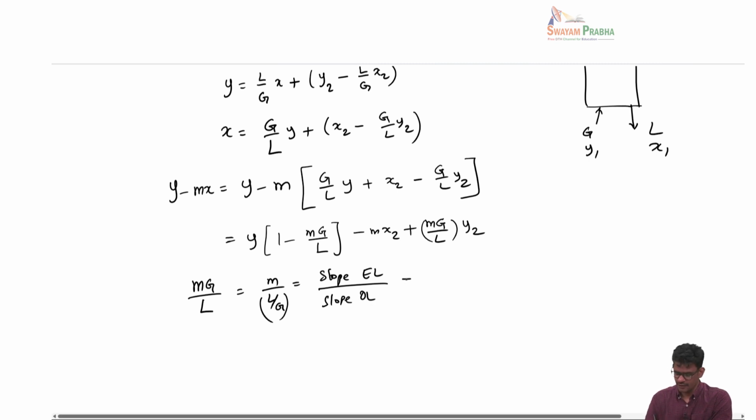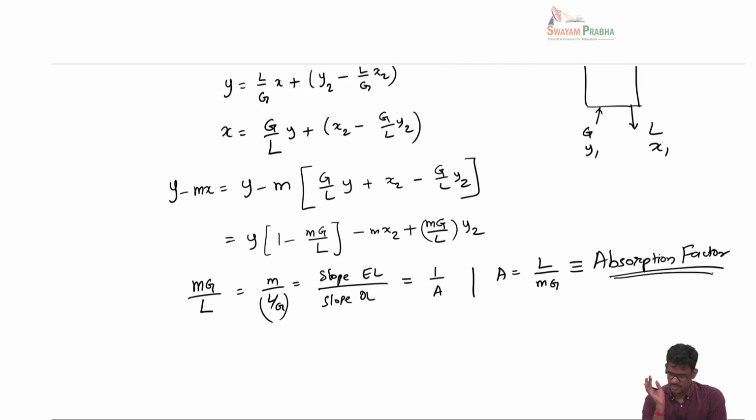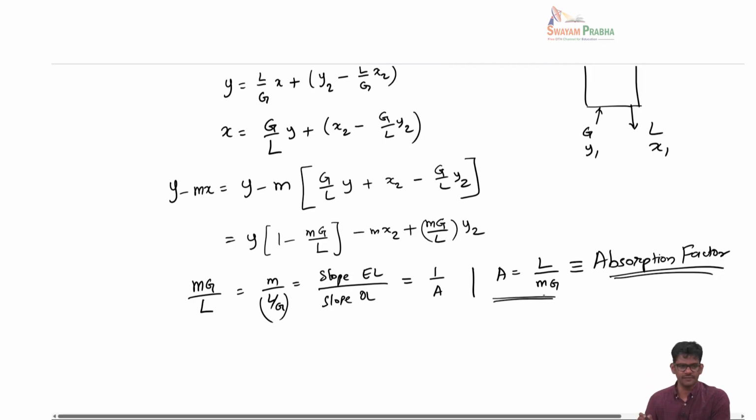And we are going to define this as 1 by A, or in other words A is equal to L by mG, and we are going to designate this as the absorption factor. Now, I realize that we are using this letter A for so many things, for area and so on, but this A here we are denoting as absorption factor.